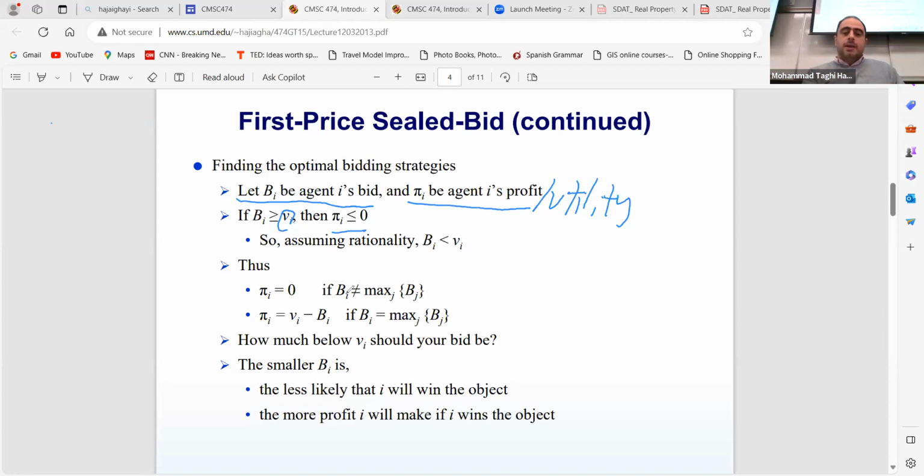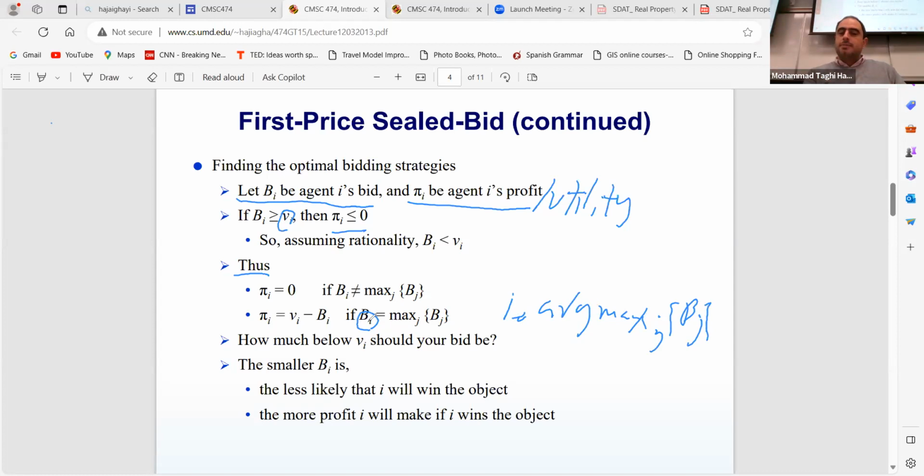So what is this auction given this? If i is the argmax over j of B_j, we discussed this: argmax means that particular j that maximizes.